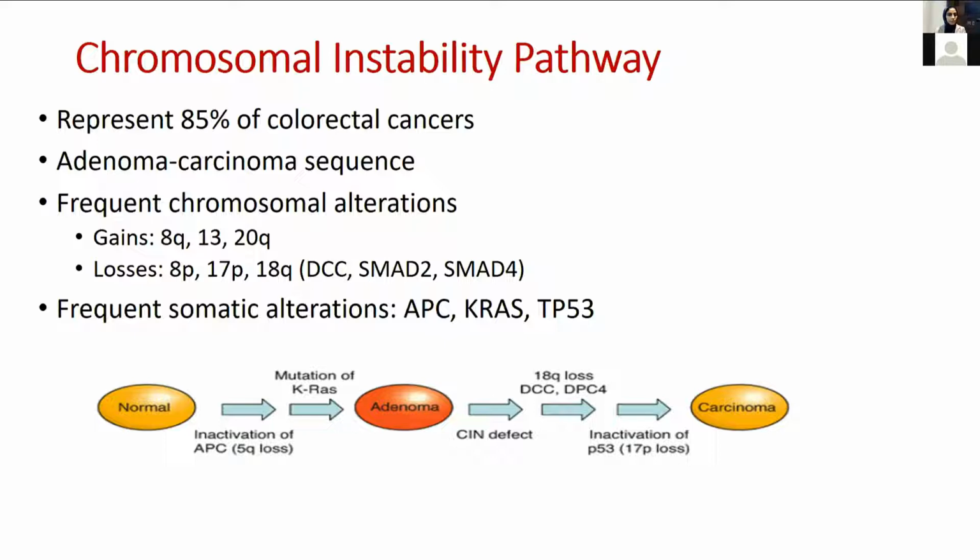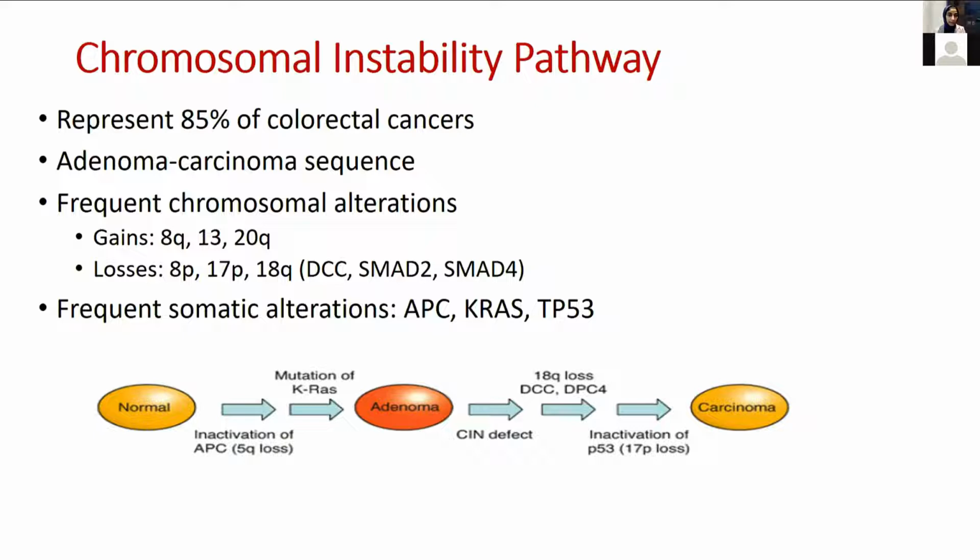This pathway is characterized by frequent chromosomal alterations and chromosomal arm gains and losses, most importantly the 18q region, which has DCC, SMAD2, and SMAD4, important regulators of the transforming growth factor beta pathway. It is also characterized by somatic alterations, including APC, an important regulator of the canonical Wnt pathway, and also KRAS and TP53 mutations.